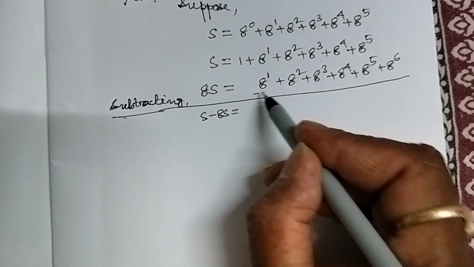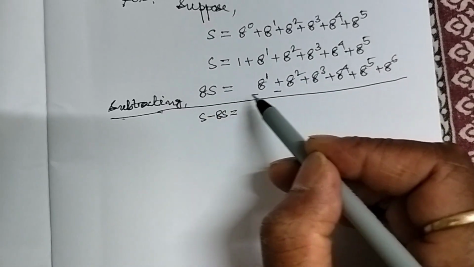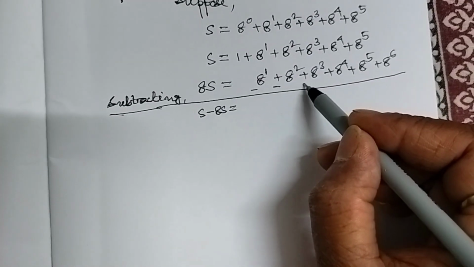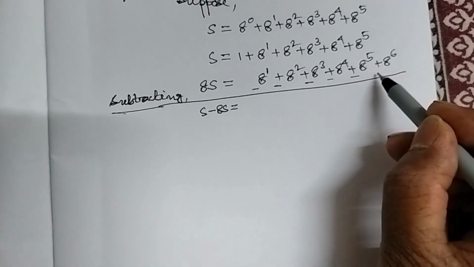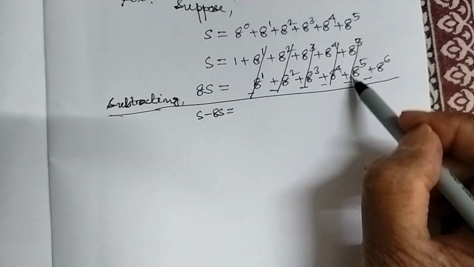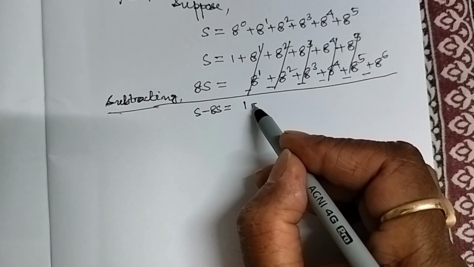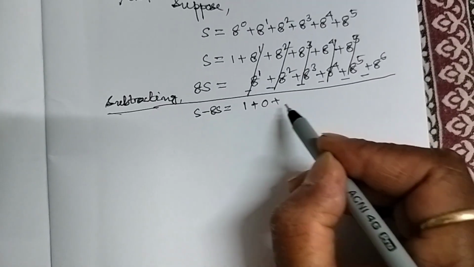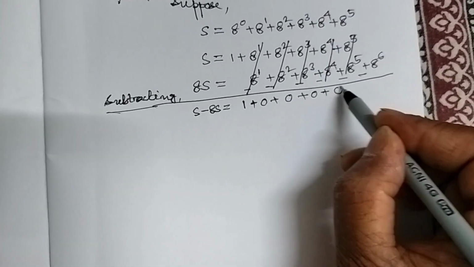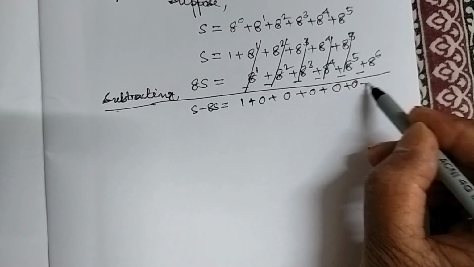Therefore, S minus 8S equal to 1, the remaining terms cancel, plus 0 plus 0 plus 0 plus 0 plus 0 minus 8 to the power 6.